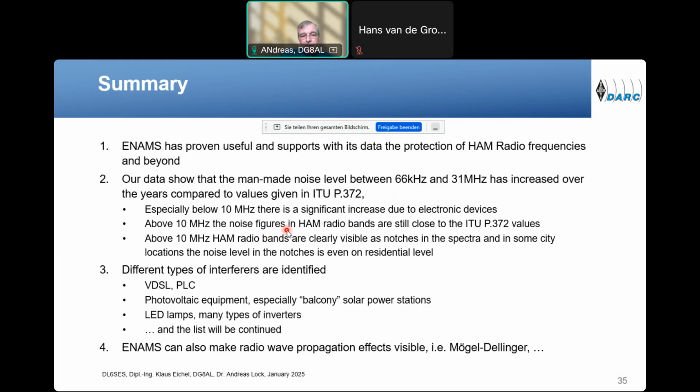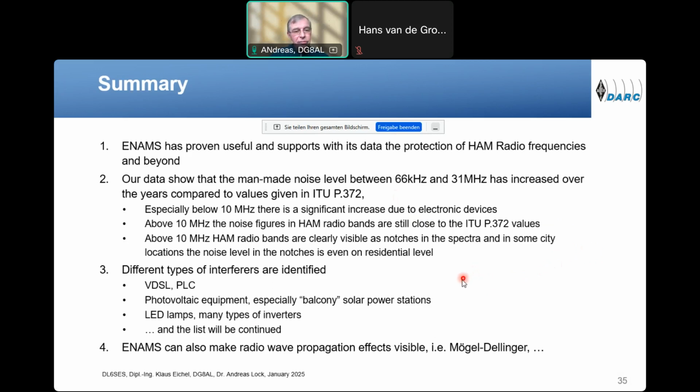Above 10 megahertz, the noise figures in the ham radio bands are still close to the ITU values in some areas. In some areas above 10 megahertz, the radio bands are clearly visible as notches in the spectra, and in some city locations, for example in Munich, the noise level is even at residential level.